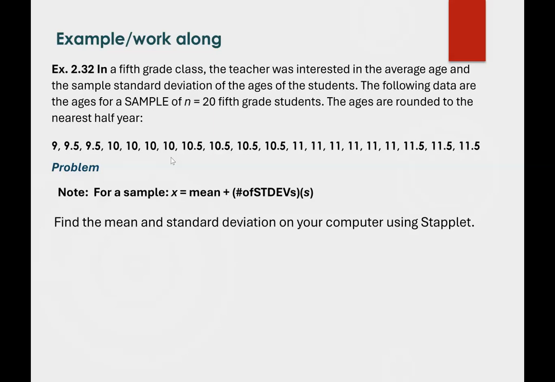Really just copy and paste and put it right into Statplet and look at your statistics summary and find those values. And we've done that several times already, so I'm not going to go through the whole process again. Pause the video and jot down those numbers, the mean and standard deviation. Okay, so I'm going to reveal the answer in a moment.